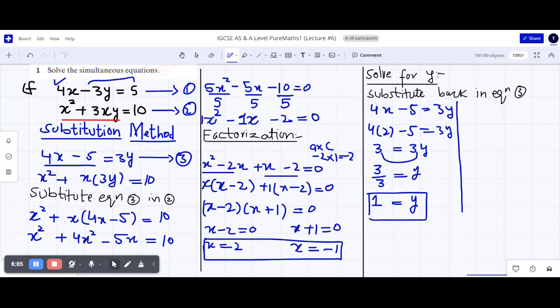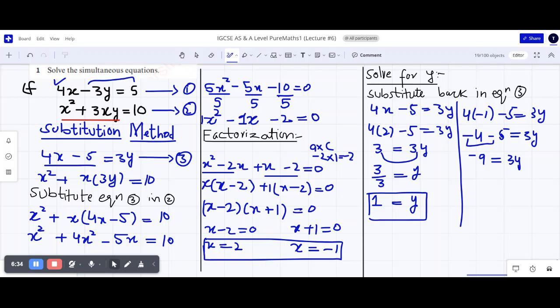Now we substitute the second value, 4 times minus 1 minus 5, which equals 3y. So it would be minus 4 minus 5 equals 3y. 4 plus 5 is 9, but the sign is negative, equals 3y.